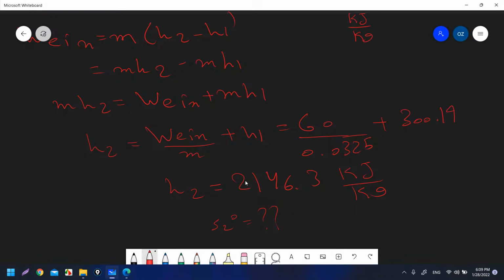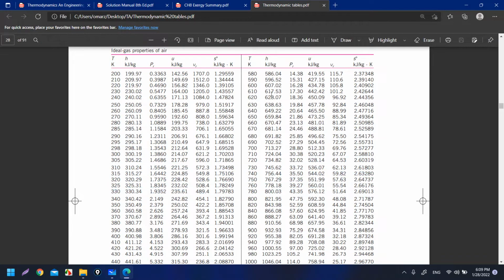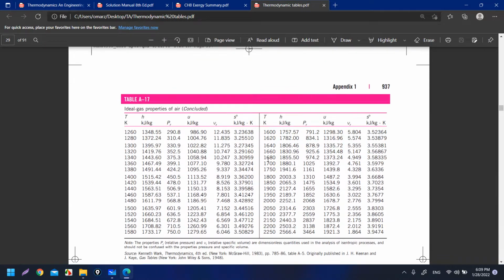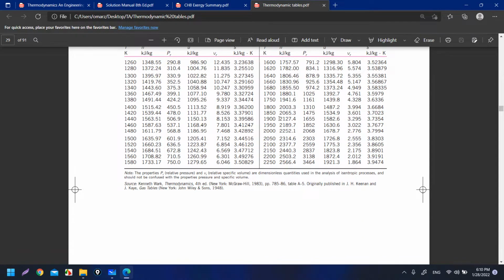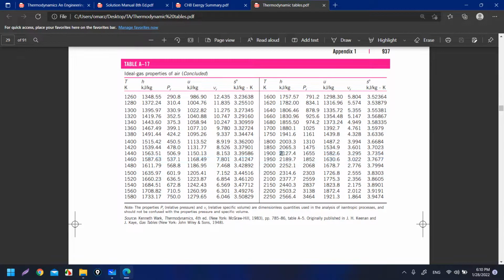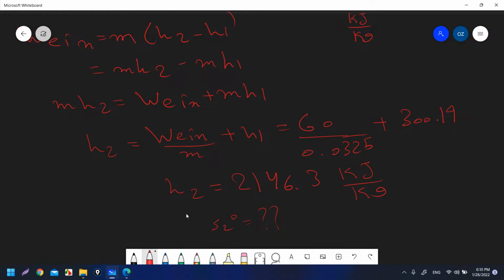Take this one and find S2 naught from table A17. What was it? 2146.3. Here it is still 1200. It is between these two numbers, so you have to make an interpolation between this column for the enthalpy and the column for S naught, so you can find S2 naught. So let's make this.